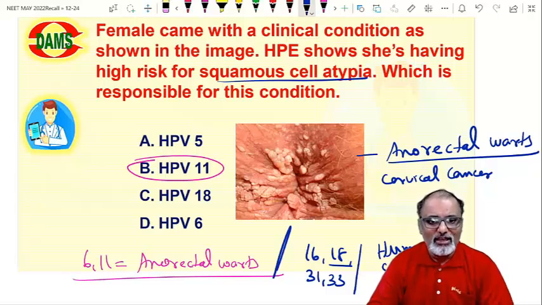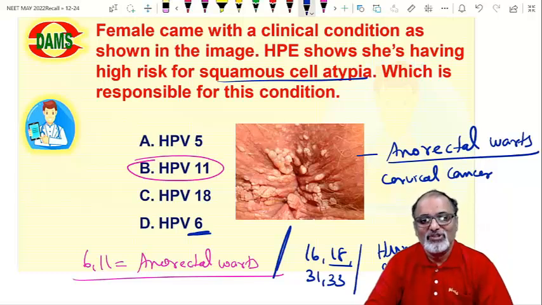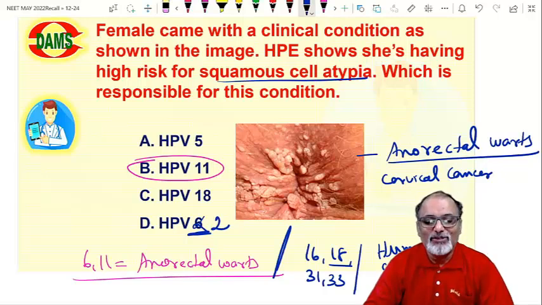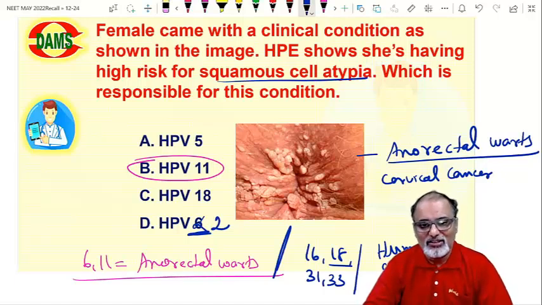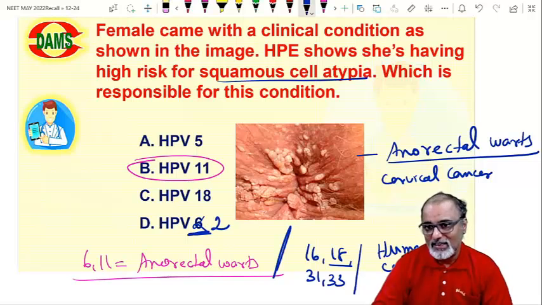And one more thing, for anorectal wart, 6 is also there. Some people say there is no 6 there. Some people say 2, some people say 31. Lot of points are there. Some people say 2, 5, 11, 18, like that. Lot of confusions are there. Don't panic. You know the theory very well, and based on what they really asked, only you know.